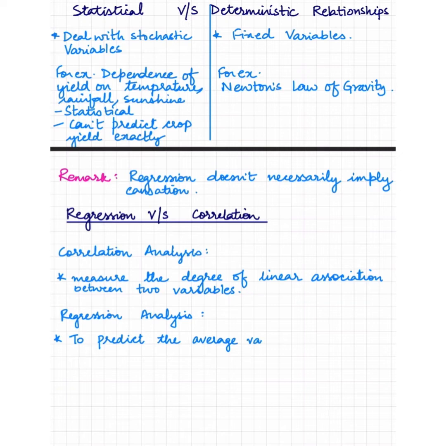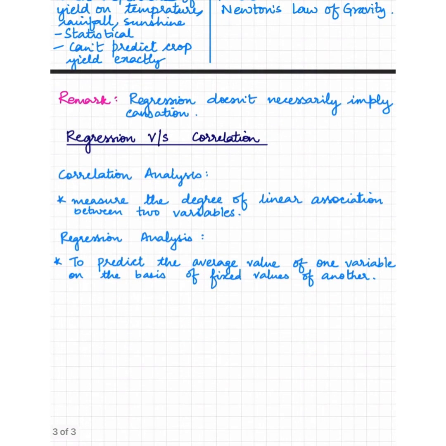It is also very interesting to note that in regression analysis, there is an asymmetry in how the variables are treated. That is, one is a dependent variable and another an independent variable.